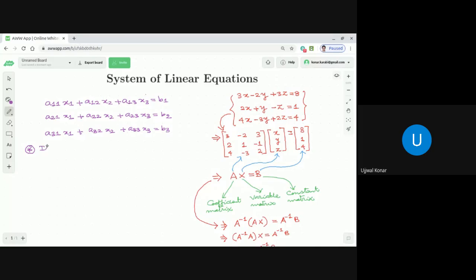If bi is not equal to 0 for each i equal to 1, 2, 3, then we call the system of linear equations non-homogeneous linear equations.